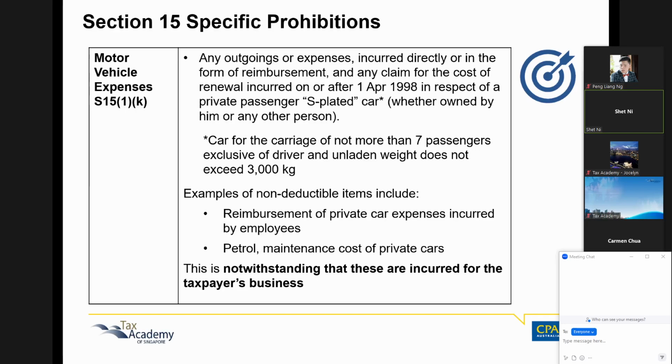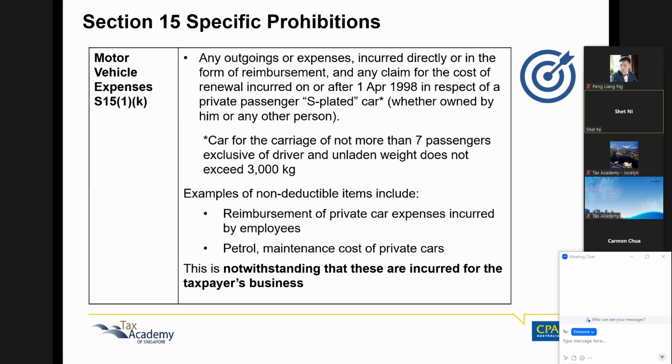So under section 51K, any outgoings or expenses incurred directly or in the form of reimbursement, and any claim for the cost of the renewal incurred on and after 1998 in respect of a private car, a private passenger estate car, it's not deductible.